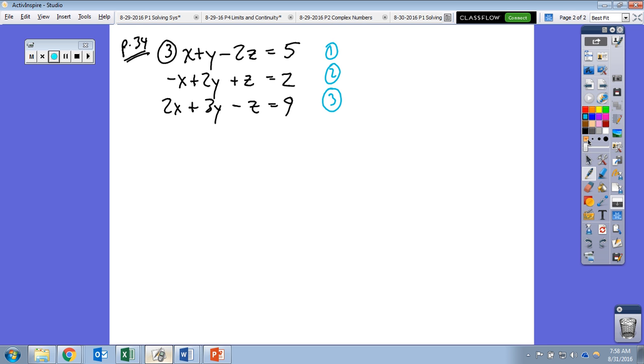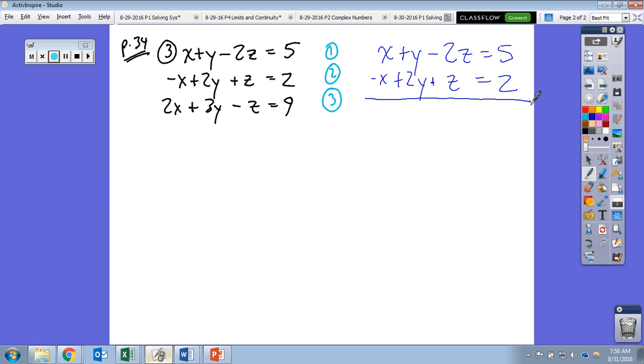Let's do it over here, with blue. We'll say x plus y minus 2z equals 5. And these are already lined up, so I can just write it as it is. Negative x plus 2y plus z equals 2.